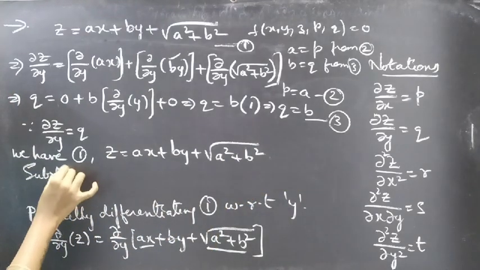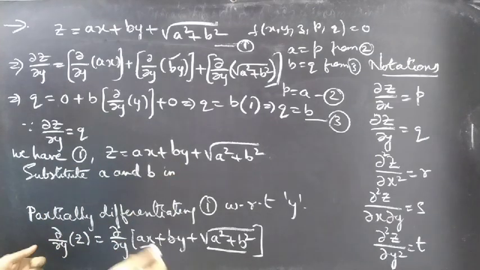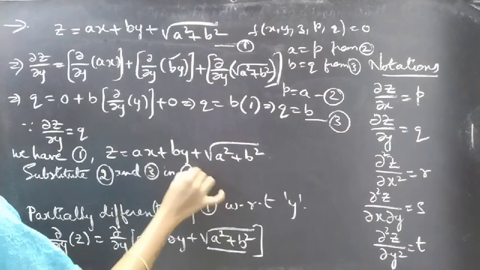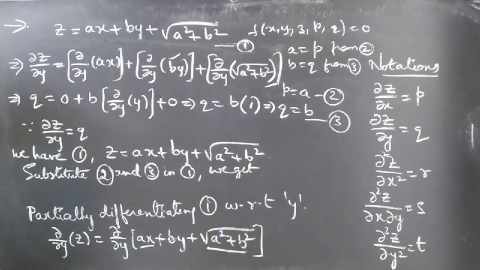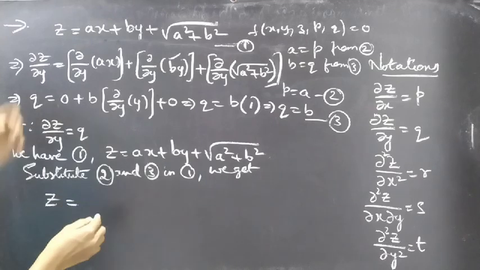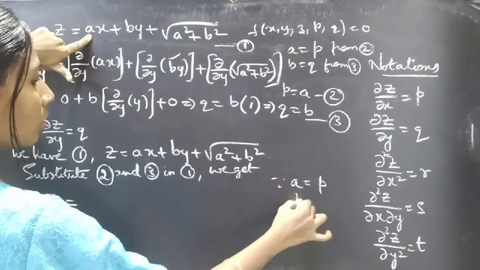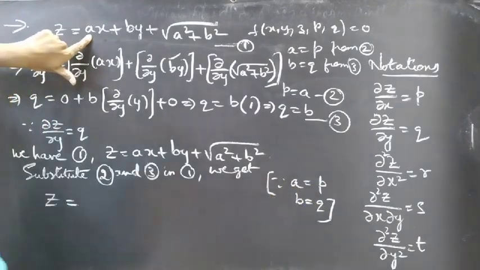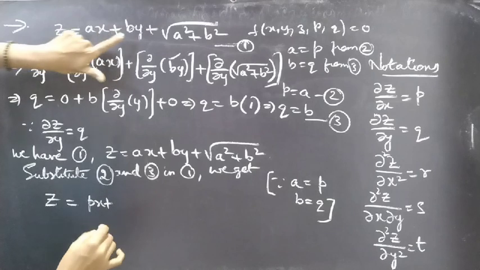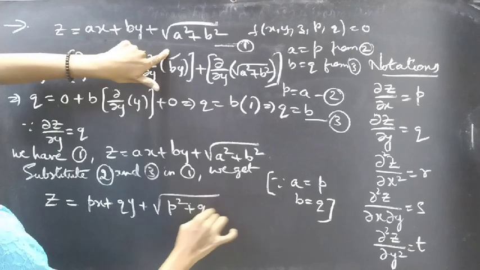Substituting a and b, we get z equal to, replacing a by p since a equal to p, and b by q since b equal to q, px plus qy plus the square root of p square plus q square.